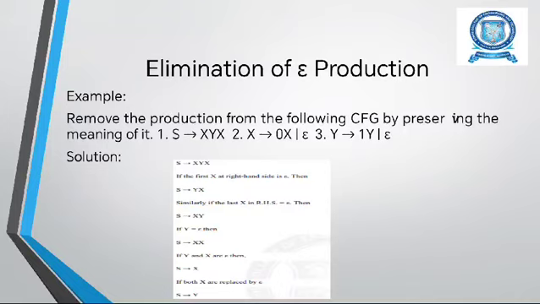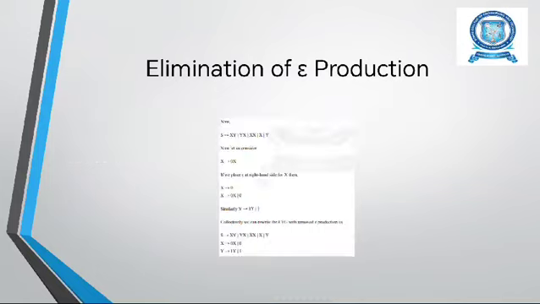Similarly, if the last X is epsilon, then S tends to XY. If Y equals epsilon, then S tends to XX. If Y and X are epsilon, then S tends to X. If both X are replaced by epsilon, S tends to Y. Now, S tends to Y, YX, XX, XY.